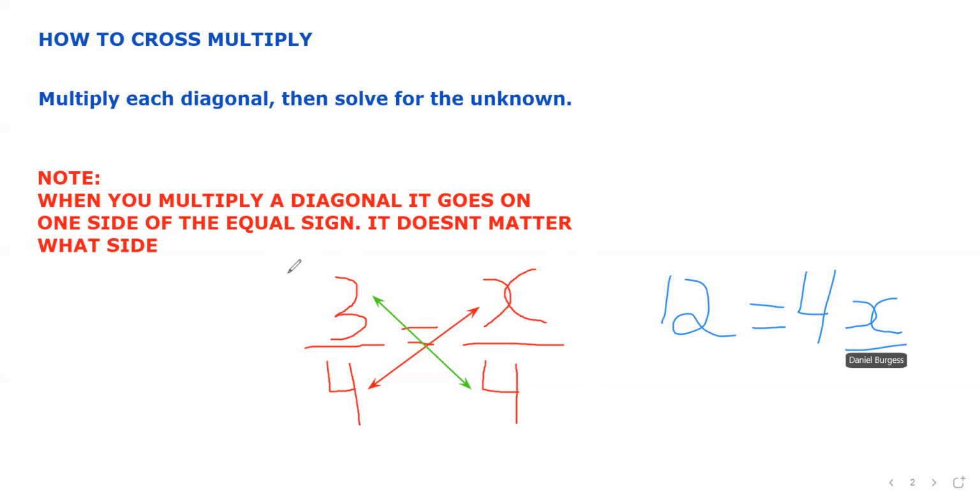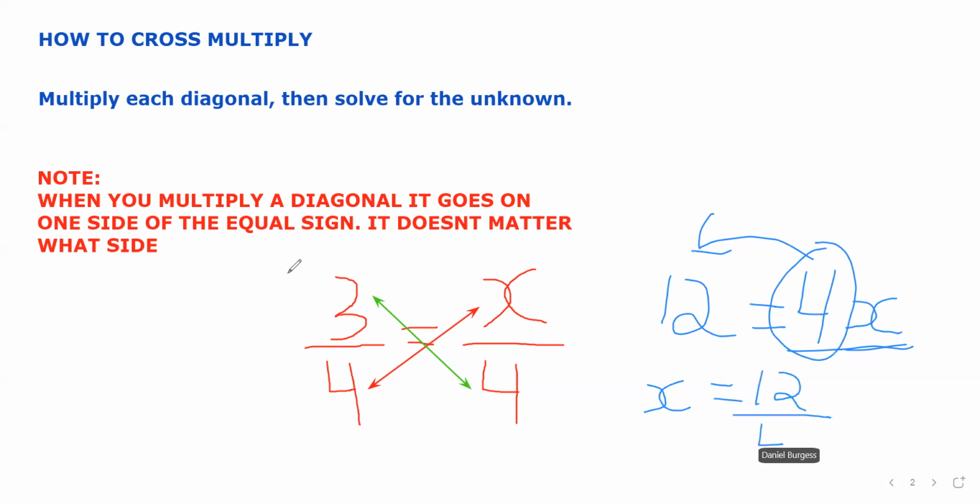The operation here is multiplication by 4, so when we carry it across, we get division. You end up with x equals 12 divided by 4, which is 3. So x is equal to 3. That's all it is for cross multiplication.